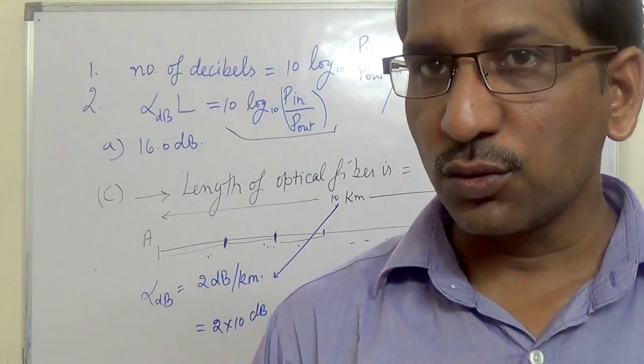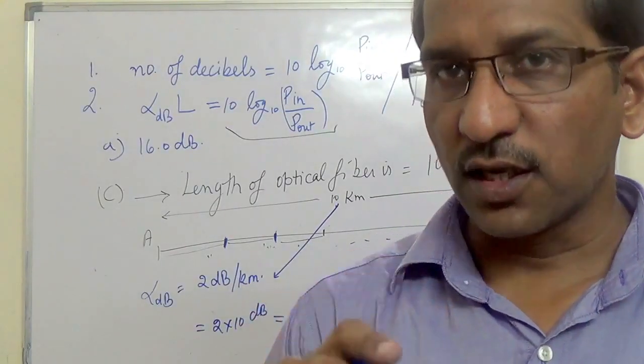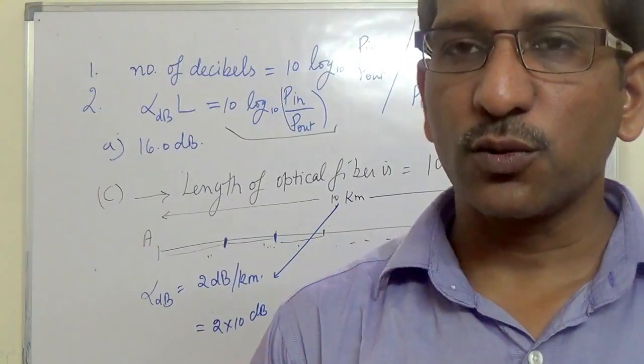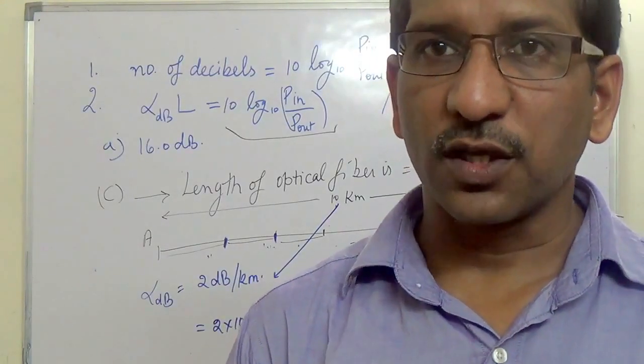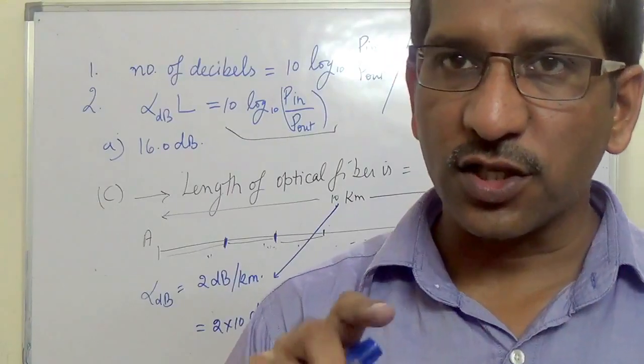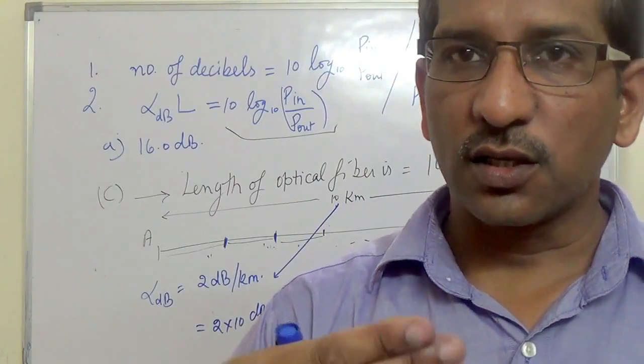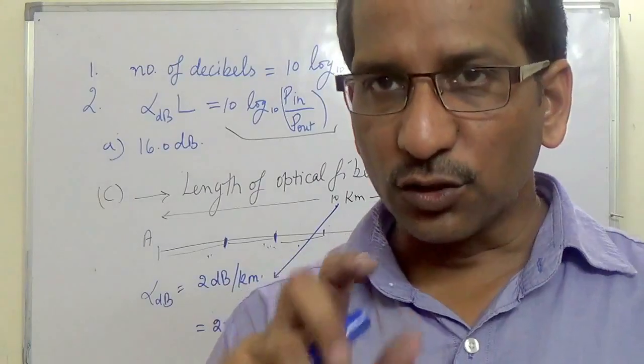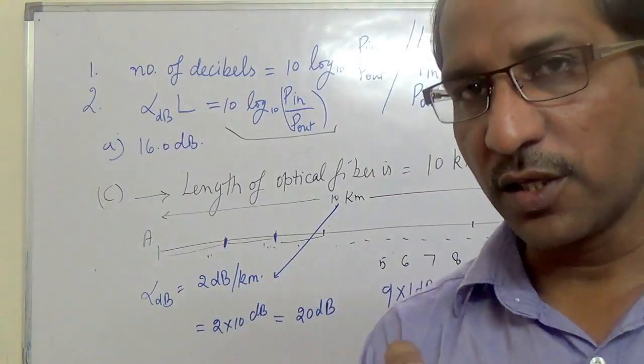Why did I use 2? Because right now in the third part also we are using the same optical fiber that has the same characteristics as in the B part.